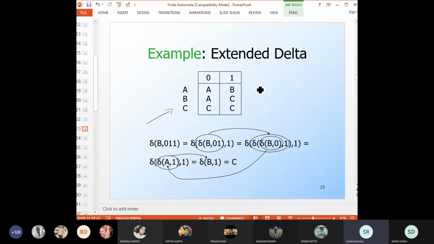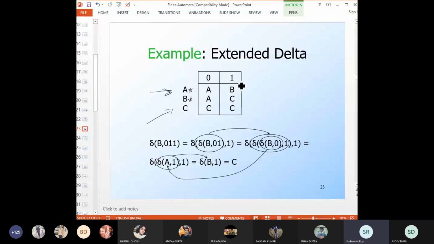Here we are not really bothering about which is the start state and final state, so this is not a complete transition table. You would have to, for example, give an external arrow to show the start state, and maybe put some stars alongside some of the states to show that these are final states, and then it becomes a complete DFA. But for our purpose, this transition function is quite enough.